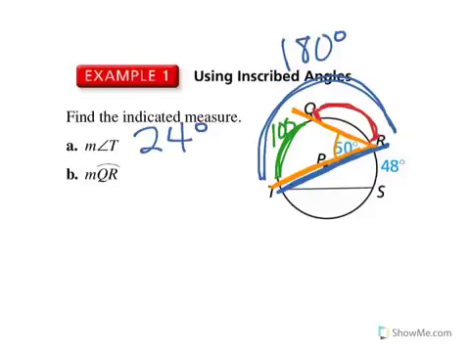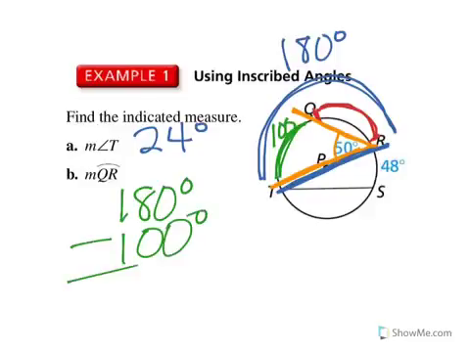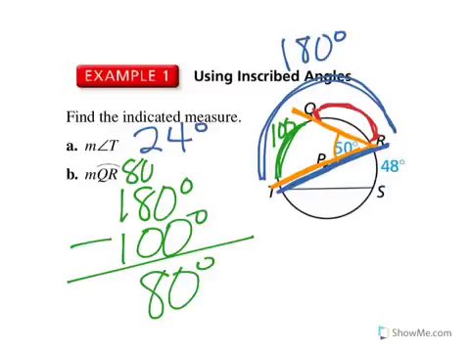So our arc for that one is 100 degrees, but that's not the one we're wanting. We're wanting QR. So QR is going to be what's left over from that half of the circle. So if I go 180, since it was half circle, minus the 100 degrees, what's left over is going to be 80 degrees. So our QR would be 80 degrees.